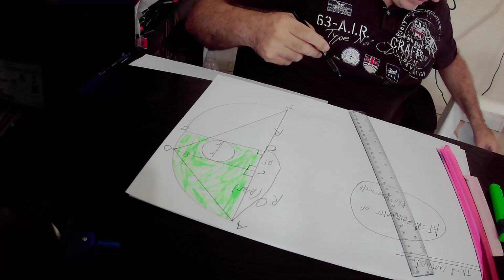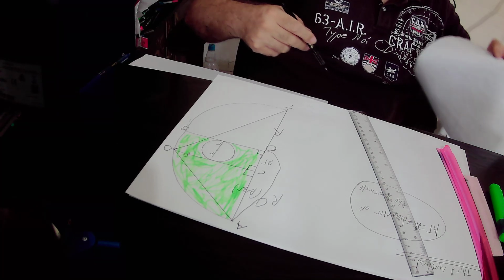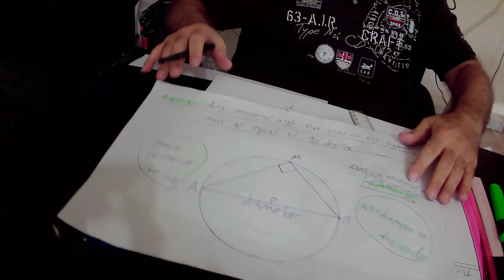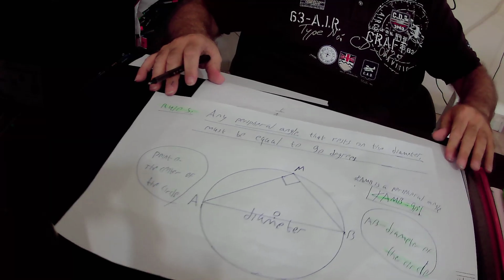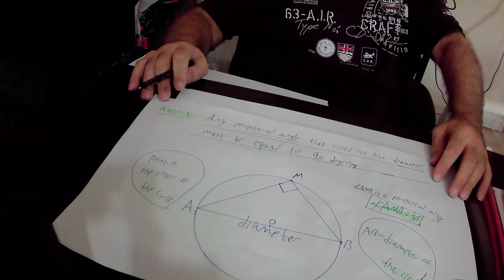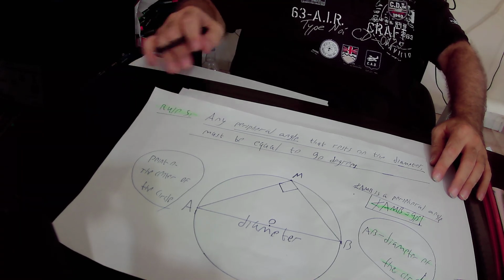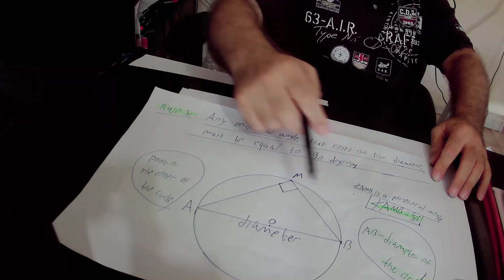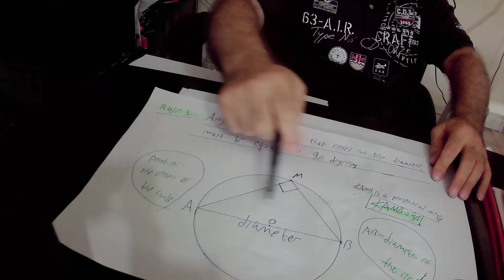And we actually have rule number 5. According to rule number 5, any peripheral angle that rests on the diameter of a circle or a semicircle must be equal to 90 degrees. Here we have peripheral angle AMB that rests on AB, that is the diameter of this circle.